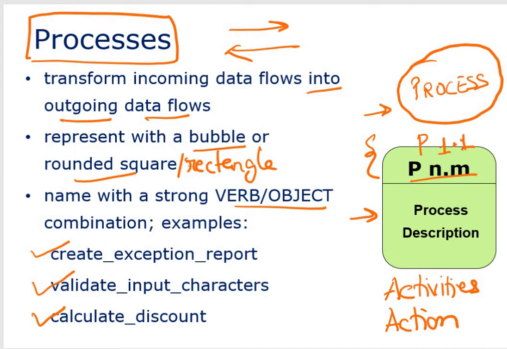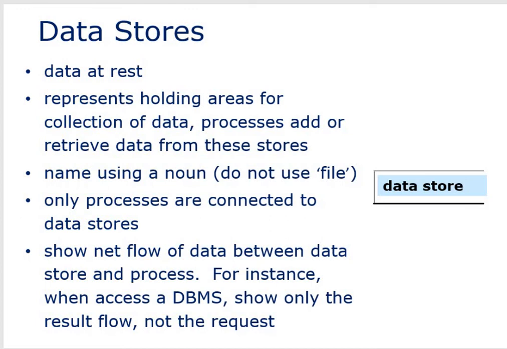Now next one is your data stores. So data store or the storage is represented with a rectangle with either one side open, or there is a possibility if you go ahead with this, some of the literatures.